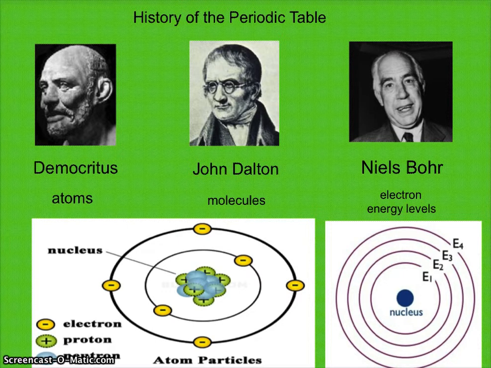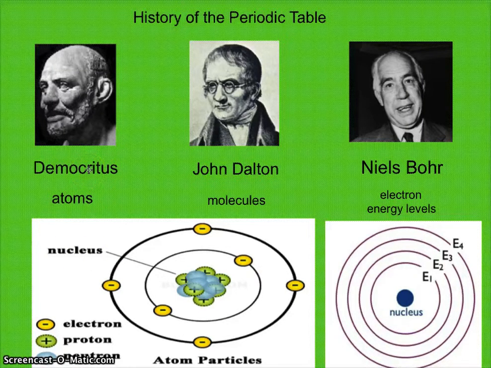Let's first of all talk about the history of the periodic table. There was a 4th century Greek philosopher named Democritus, who's kind of the first one that suggested the term atom. The word atom in Greek means unable to be divided. So this Democritus didn't have any technology to prove his idea.